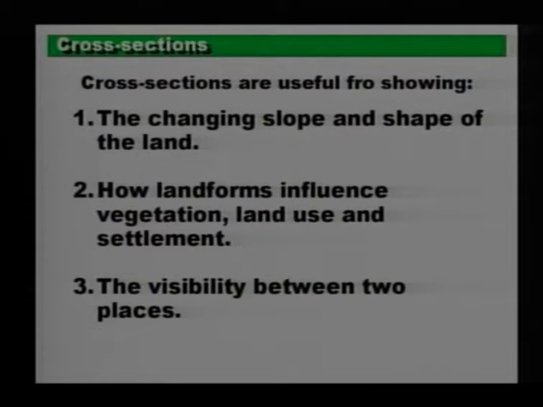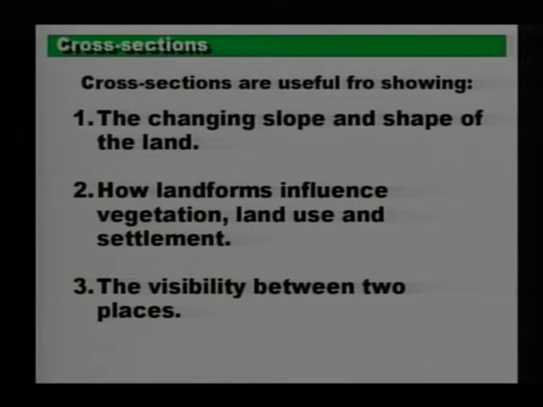Cross-sections are useful for showing the following. 1, the changing slope and shape of the land, and that is what we will work on for our construction today. 2, cross-sections are useful also for showing how landforms influence vegetation, land use, and settlement. If the area is too steep, we don't expect a lot of people to build their houses there.